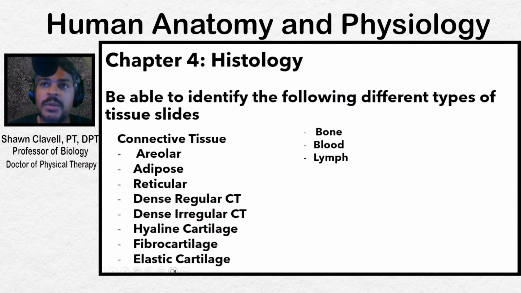So again, we've got connective tissue, areolar, adipose, reticular, dense regular, and irregular connective tissue, hyaline cartilage, fibrocartilage, elastic cartilage. As you can see, connective tissue is the most exhaustive list. Bone, blood, and lymph are also included in that list as well.